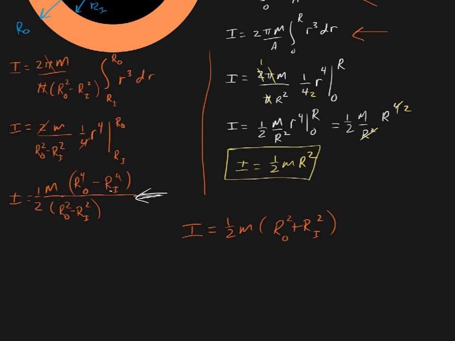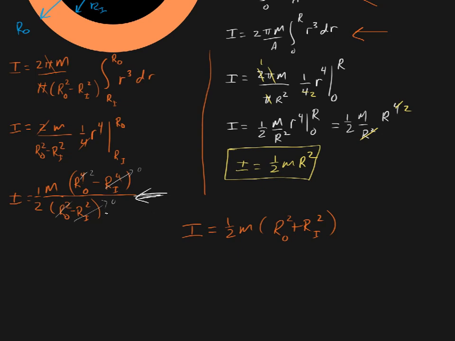And so if this term goes to 0 and this term goes to 0, then we get r to the fourth divided by r squared. So this would cancel with 2 of those, and we end up with 1/2 m r squared. So this is a valid representation, it's just not in its simplest form. But let's go ahead and discuss now how you would go about putting this thing into its simplest form.